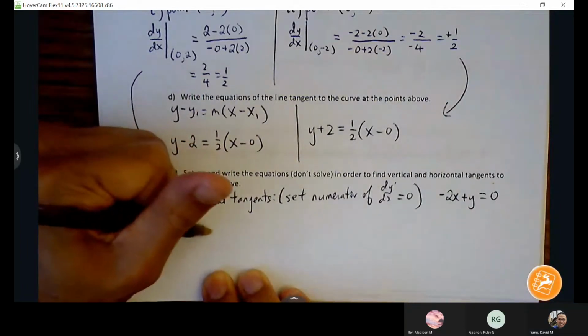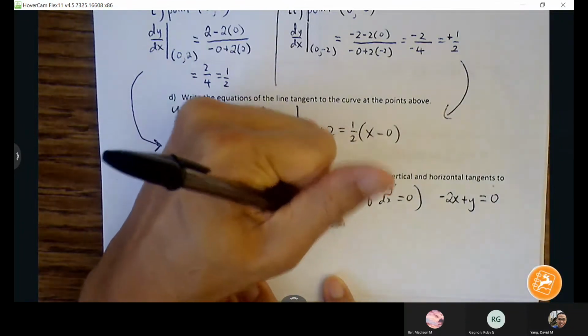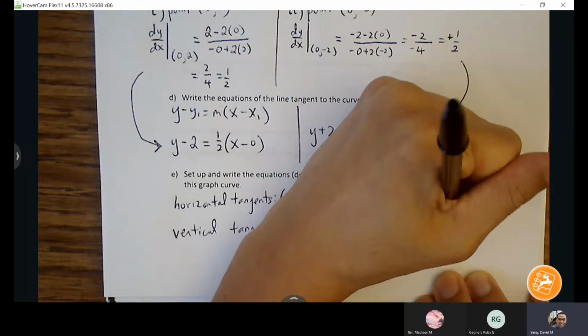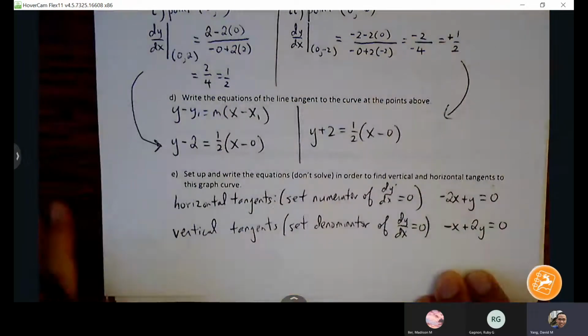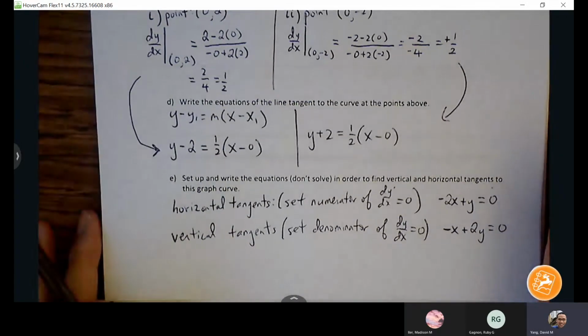Vertical tangents. Okay. Any questions with number 1?